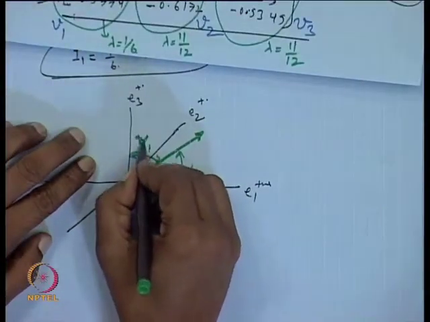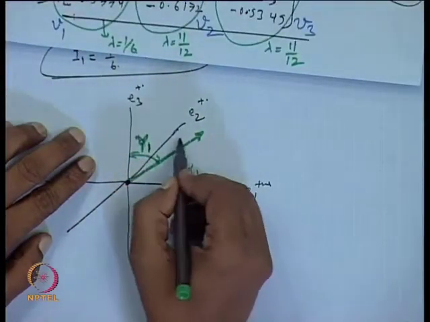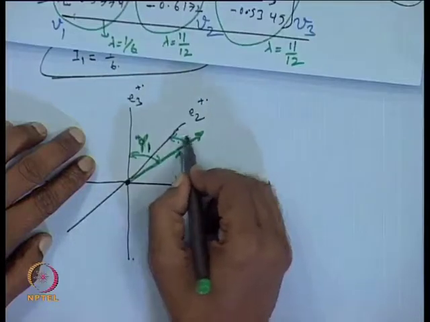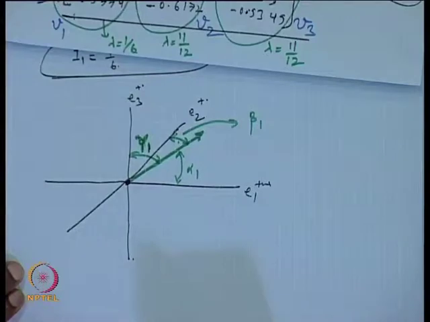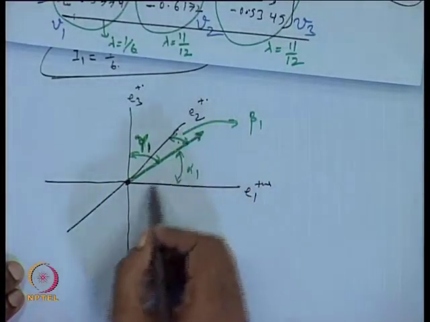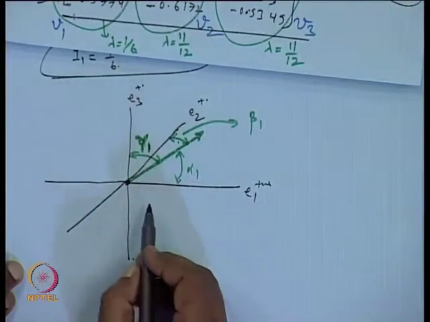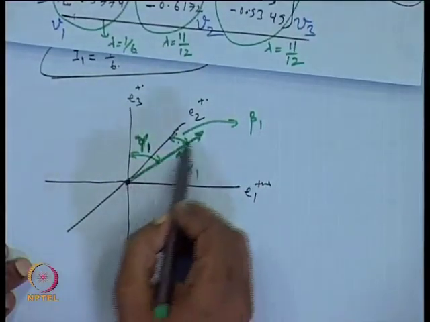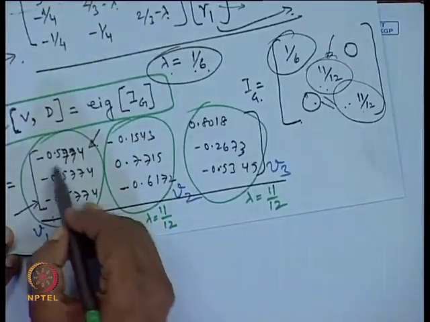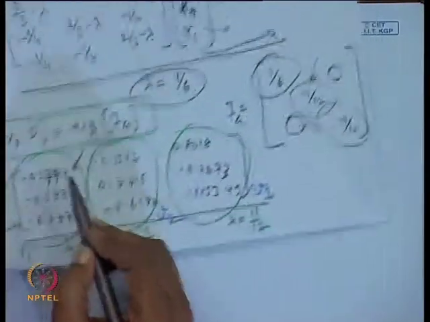So, we have written this as gamma 1 in the last lecture, and this angle with E 2 is beta 1. So, alpha 1, beta 1, gamma 1, and all three angles are equal. So, now we do not have to take in this direction, but rather all the signs are negative; basically these are all cosines. Okay.